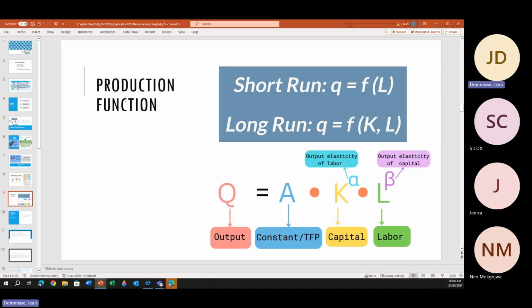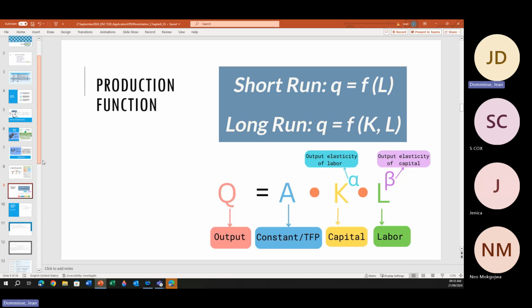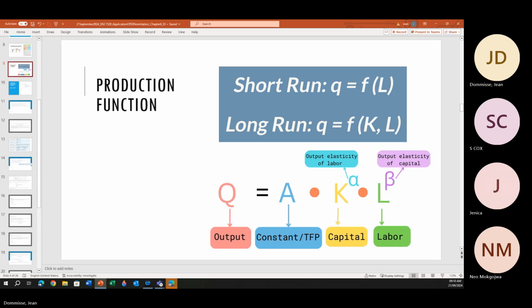Then I've added this, but I haven't seen this really in your assignments. So they talk about production functions around labor, and this one basically looks at elasticities of labor, but I see they talk about it in your study guide, but I've never seen that they ask a question around it.